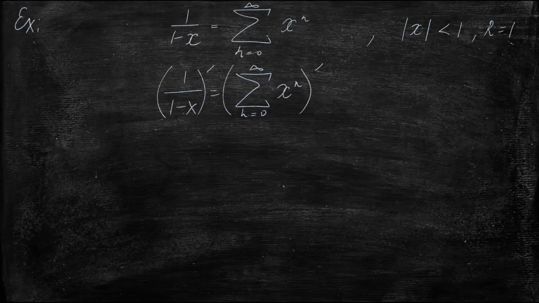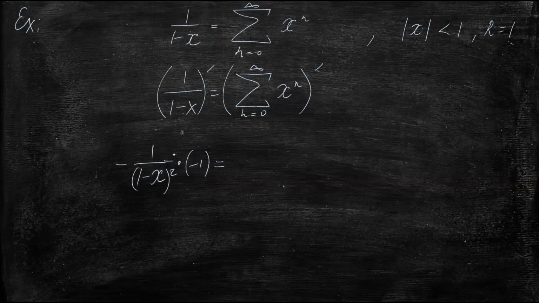And on the left hand side, we just have a derivative of a function of one variable. So we're going to use the chain rule. It's going to be -1/(1 minus x) squared times the derivative of 1 minus x, which is just -1. Now, what do we have on the right side? And this is exactly what the theorem addressed. It tells us exactly what's going to happen on the right side.